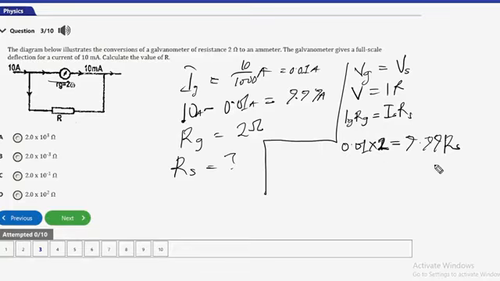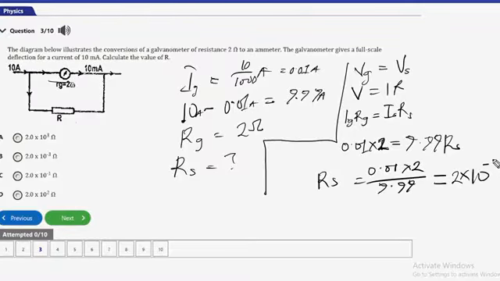To get this, we divide both sides by 9.99. So RS is 0.01 times 2 over 9.99. This is 0.02 over 9.99, which is about 2 times 10 to the power of negative 3 ohms.